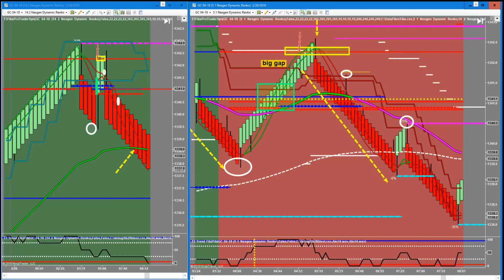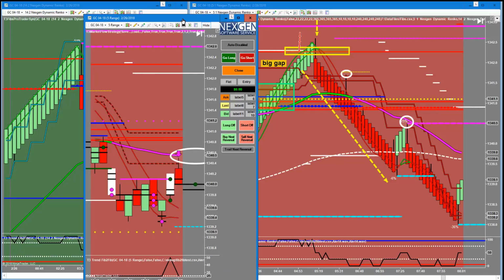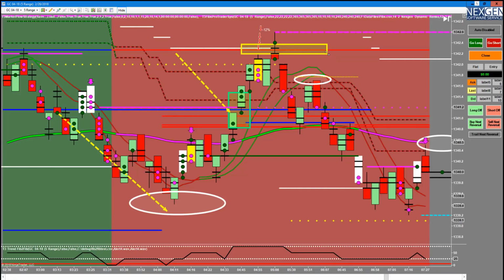And again, for us, entry criteria wise, really the most important thing is to be at the right spot. Once we're actually at the right spot, then we turn on the strategy and turn on the buttons so we can take advantage of the market movement.